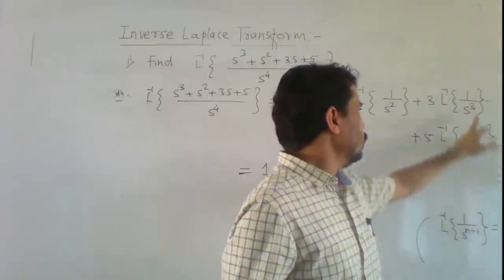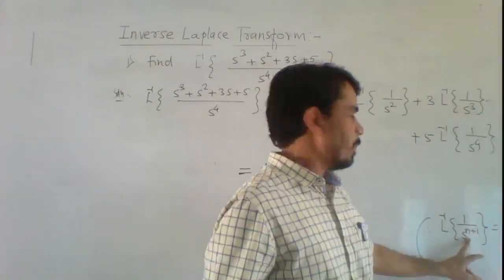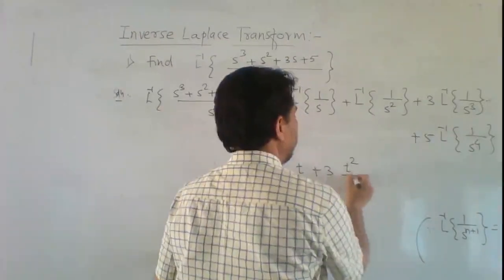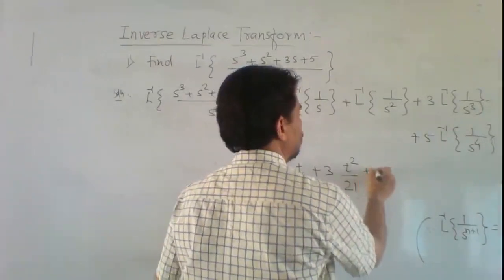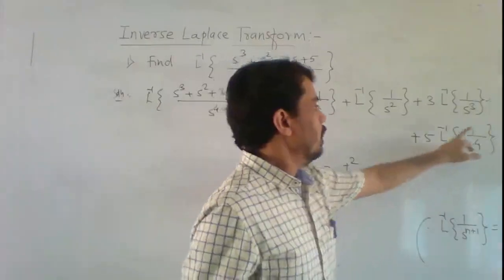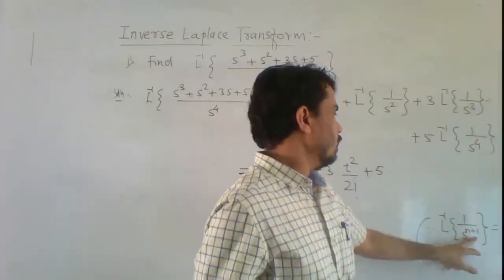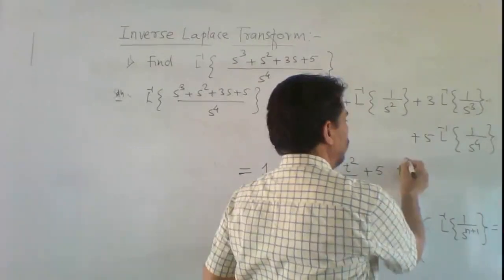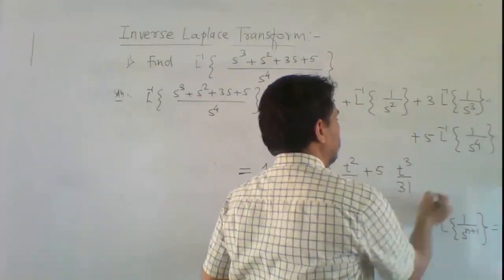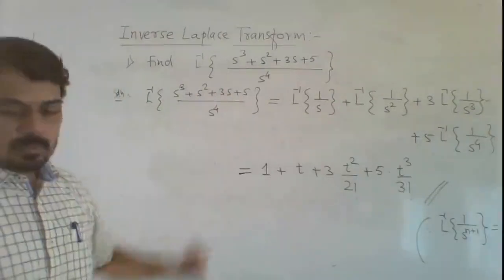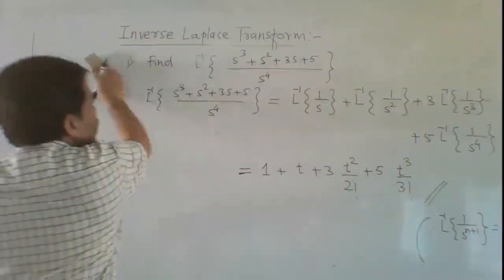Put n equal to 2, it is t square divided by 2 factorial, plus 5 times 1 upon s to the power 4. Put n equal to 3, it is t cube upon 3 factorial. So this is the inverse Laplace transform of the given function.